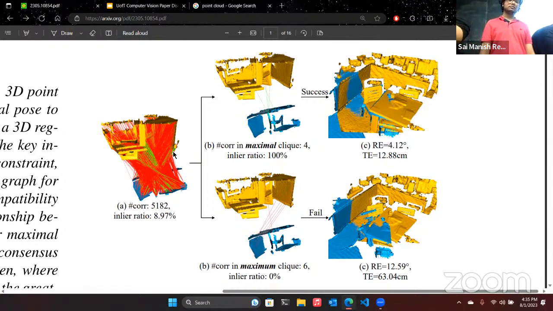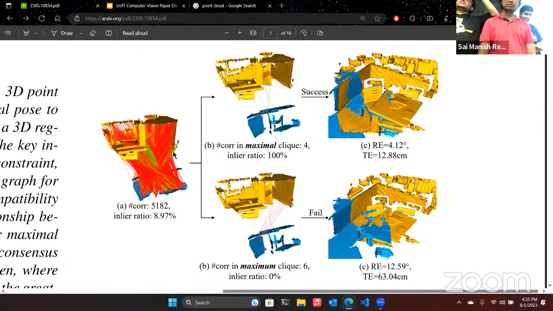So it's the exact point that corresponds; that is an inlier. If you have different points, for example 2, 4, and 6, whose ratio is also similar, it can be rotated or transformed to match, so its ratio is also 100%. Whereas if you have 2, 3, and 4, for example, which is not corresponding that much, the inlier ratio will be less.